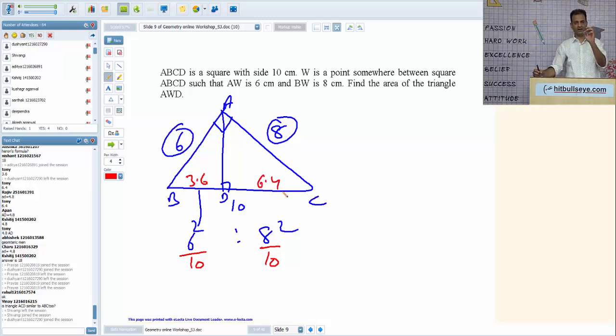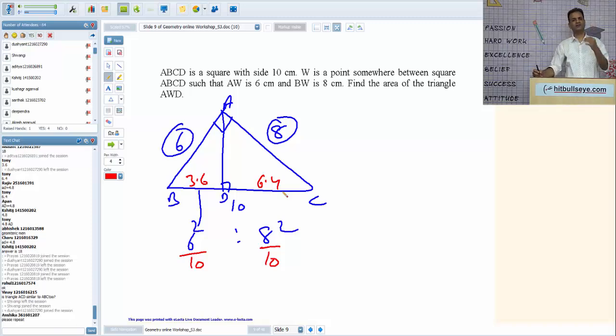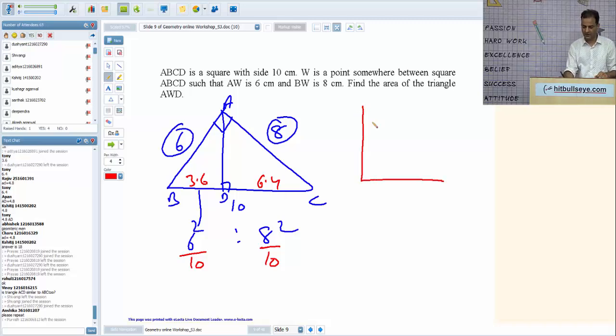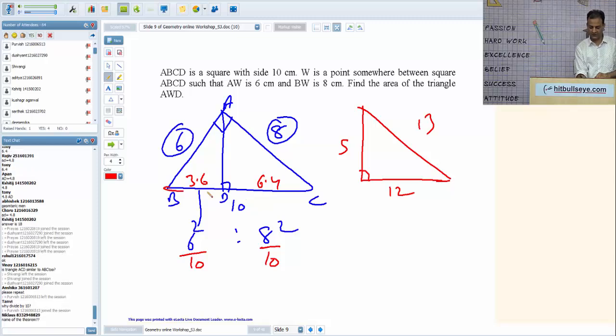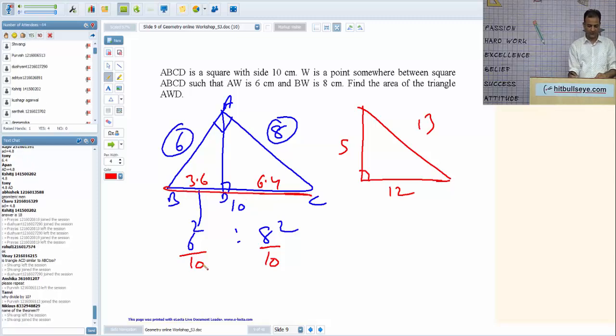Always in the case of a right angle triangle, if the right angle is given, draw an altitude from there, whether he is asking or not, and divide the base in the ratio of the squares, 6 square ratio 8 square. Like if I say this is a right angle, 5, 12, 13, then why divide by 10? Because BC is given as 10.